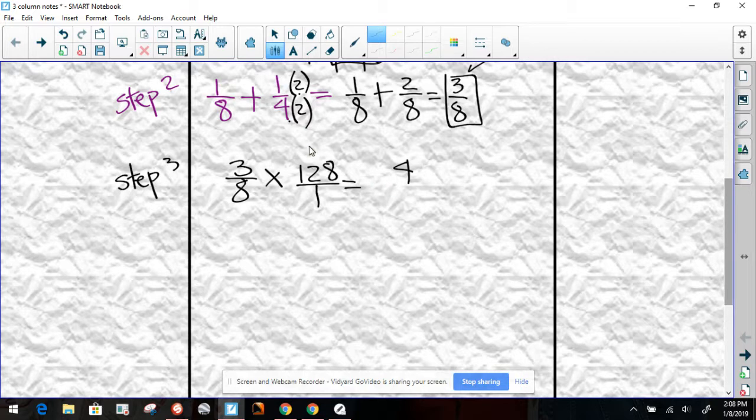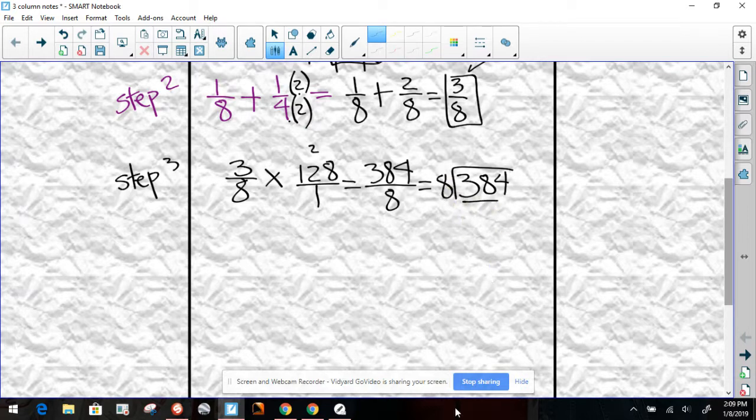We carry 2 over. 3 times 12 equals 36, and 2 equals 38. And 8 times 1 equals 8. So now you know that this is divided by 8.